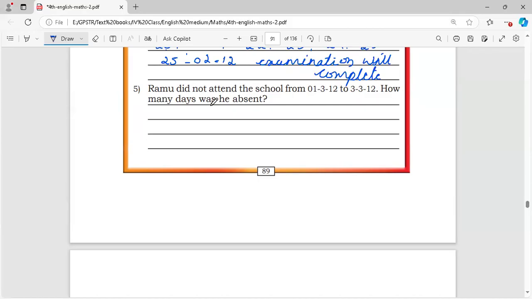How many days was he absent? First, second, third. That means Ramu was absent for 3 days.